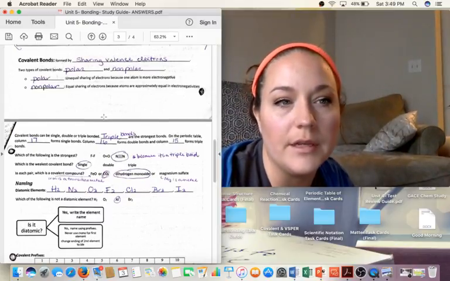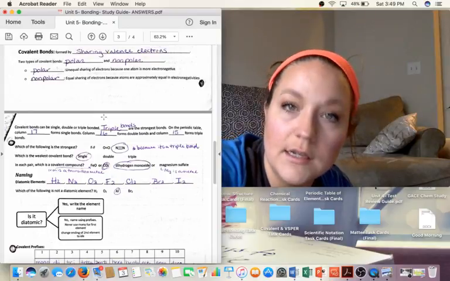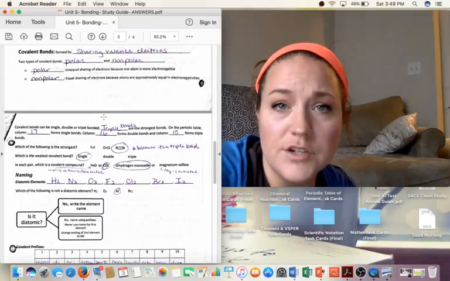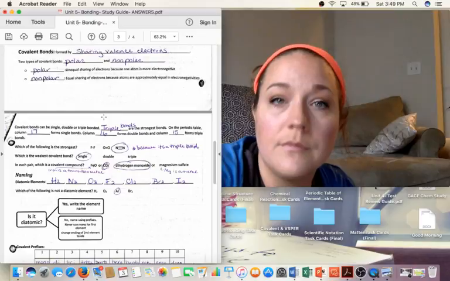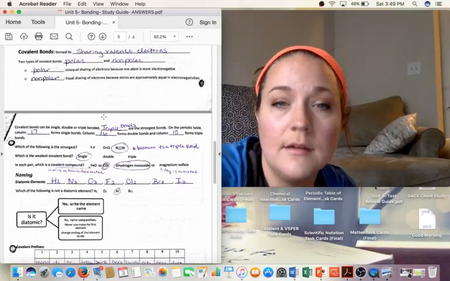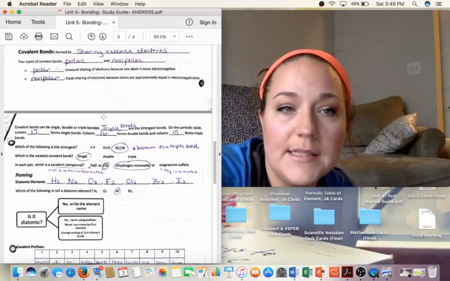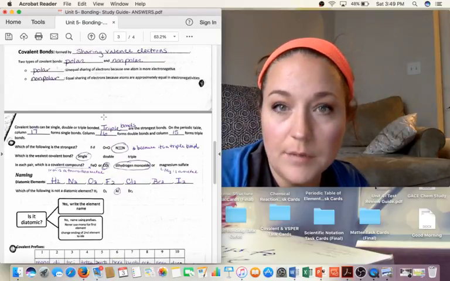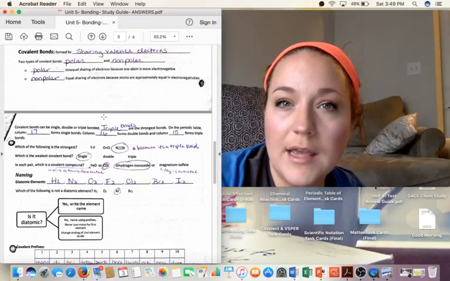Now, covalent bonding. Covalent bonding is sharing valence electrons. Ionic bonding is the transferring of electrons. Covalents share. That's why we have the lines and use the Lewis dot structure to form the bonds. Two types of covalent bonds are polar and nonpolar. We talked about how water and oil do not mix.